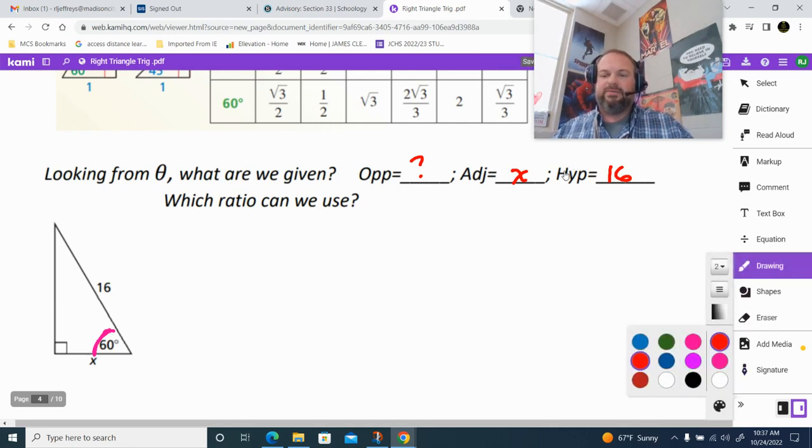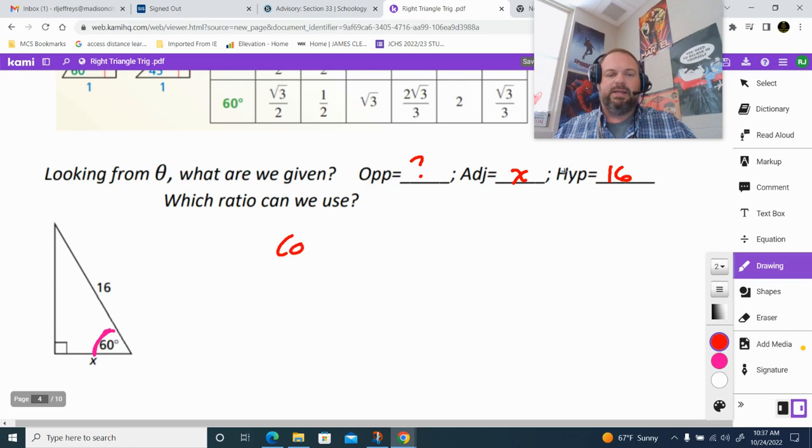So we can set this up to solve it. We can say that cosine of 60 degrees equals x over 16. Now, I'm showing y'all the hard way first, then I'll show you the easy way. It's about six of one, half a dozen of another.